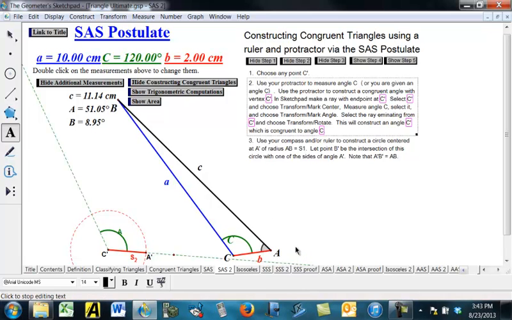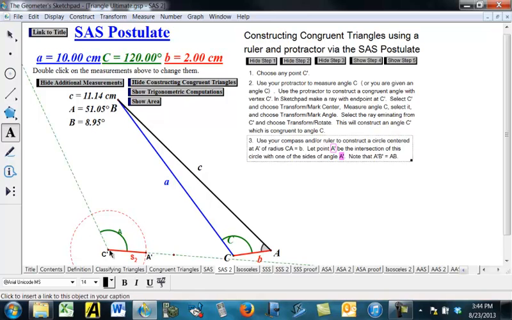So, straightforward there. Use your compass or ruler to construct a circle centered at A prime of radius from C to A, which we're calling length B, and set this point A prime where those meet.